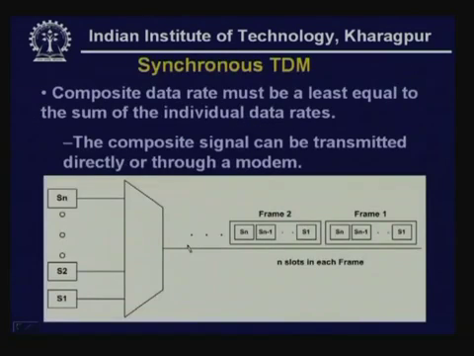So, let us see how this is being done. Say here you have got data coming from source 1, source 2, source n. As if there is some kind of switch, you are taking from this source, then from this source, and in this way we are creating a frame.